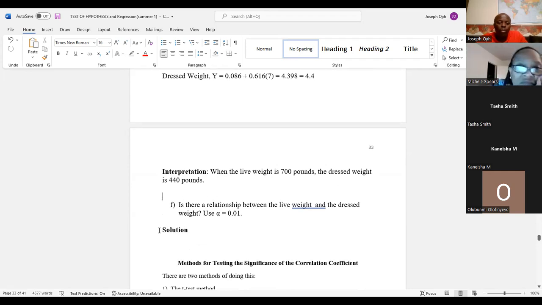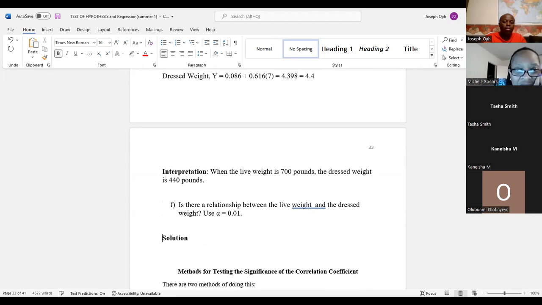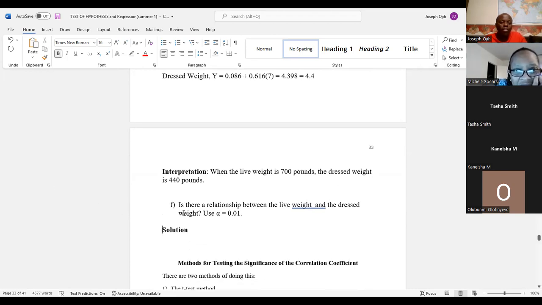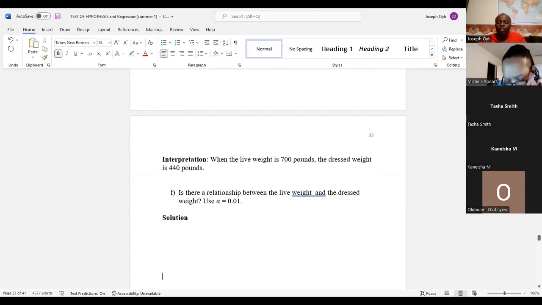Now the last question before we finish says, is there a relationship between the live weight and the dress weight? Use alpha 0.01. The first thing to do is state the hypotheses, H0 and H1. This is how we state the hypothesis for regression.